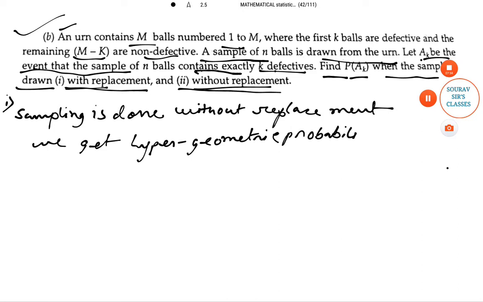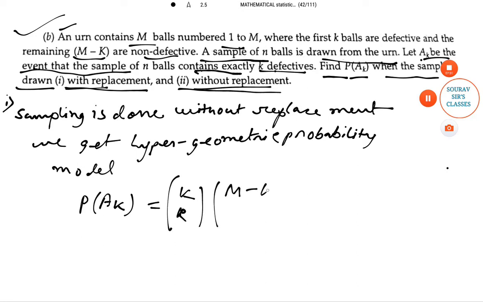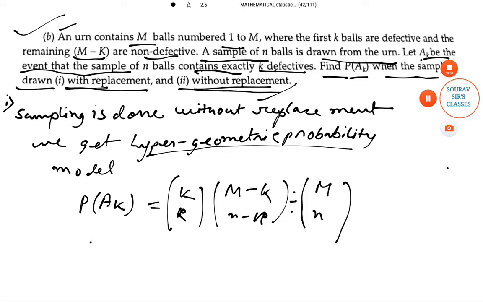Then we get the hypergeometric probability model, which looks like this: probability of A_k equals K choose k into M minus K choose n minus k, divided by M choose n. So we can write it this way. So the first answer we have written without replacement. It will be the hypergeometric probability model. So we get this.